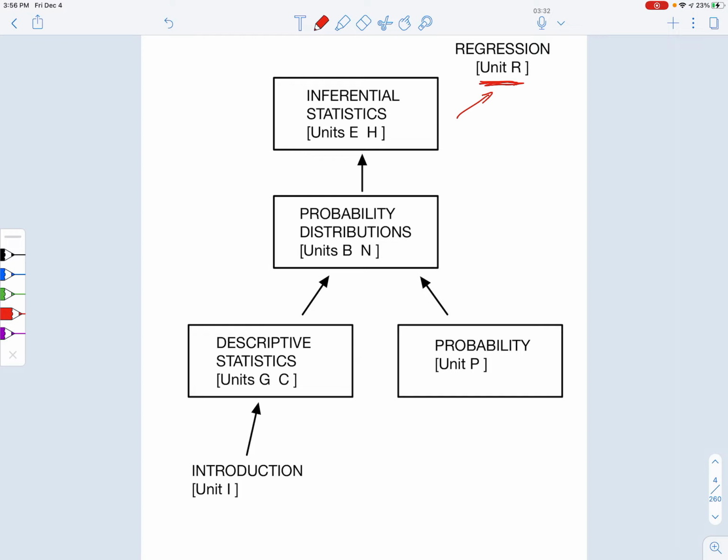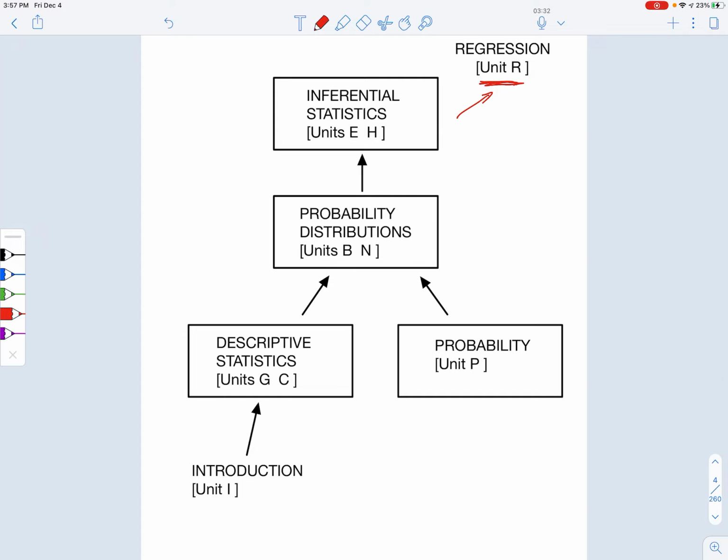It was added because Mount Royal has asked that we put that in there, as well as CPA, the accounting organization. But it's actually a good thing to introduce you to that, because if you don't go on to Business 307, then you've been introduced to something which is an important concept in statistics, and it's an application of inferential statistics which is very common.